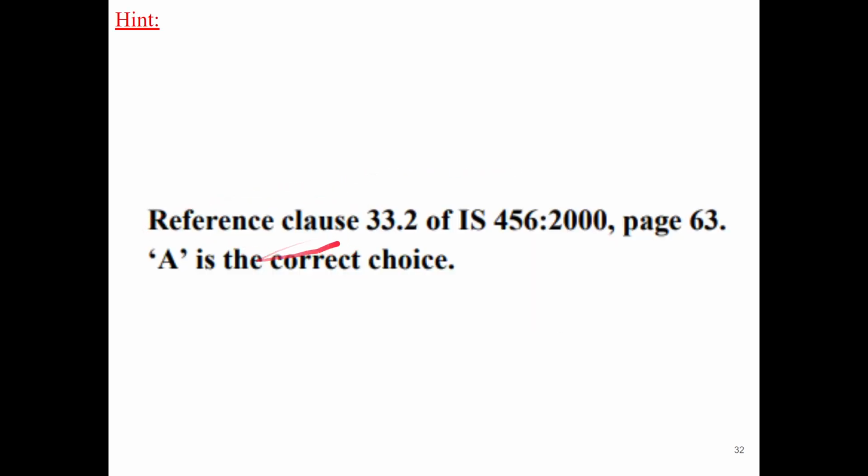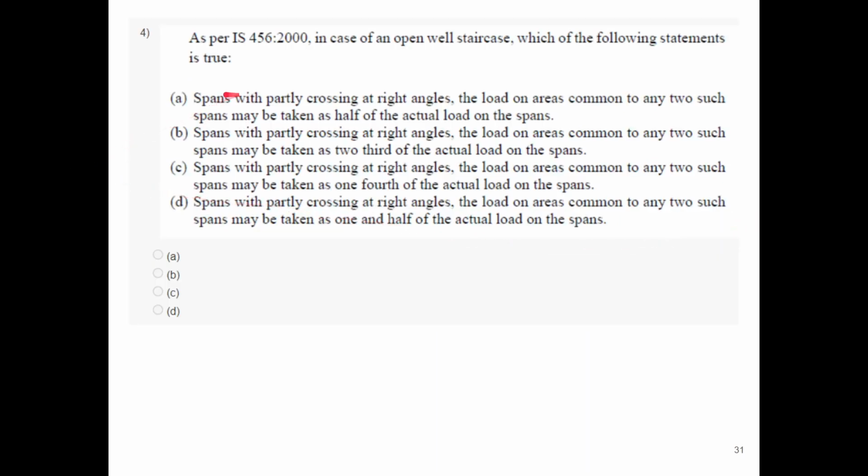For finding the answer, we have to go to clause 33.2 of IS 456 2000, on page 63. As per that, if the spans of an open well staircase are partly crossing at right angles, at 90 degrees, then the load on areas common to any two such spans may be taken as half of the actual load on the spans, because there are two spans connected at right angles.